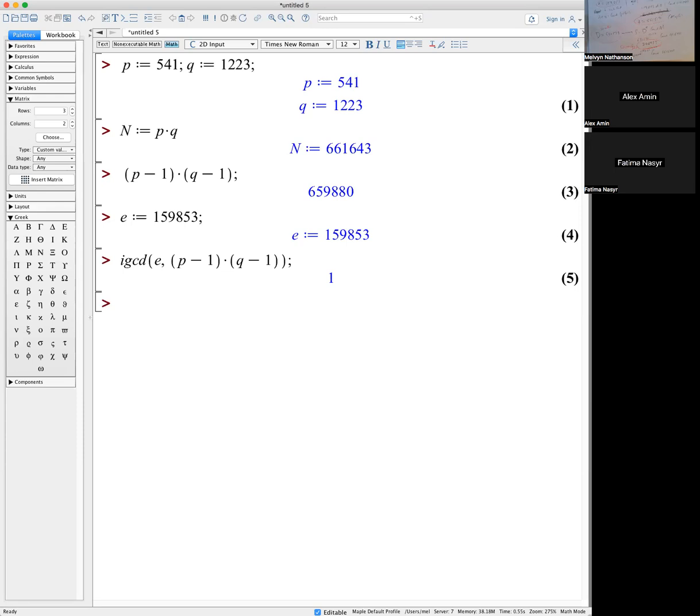And now she needs to find the D such that D times E is congruent to 1 mod P minus 1 times Q minus 1. So we want to solve the congruence. msolve means solve this modular equation. The equation is D times E equals 1 modulo P minus 1 times Q minus 1.